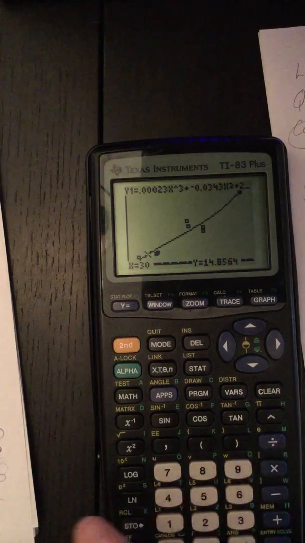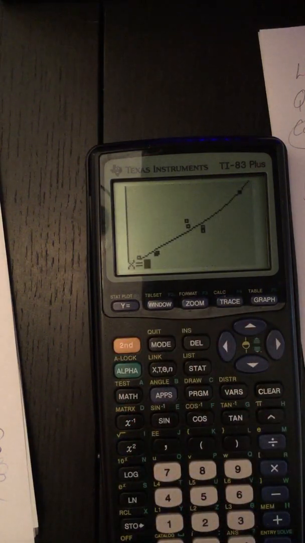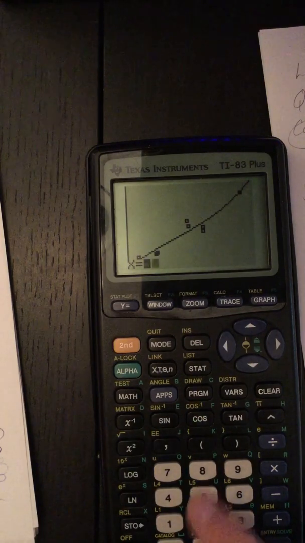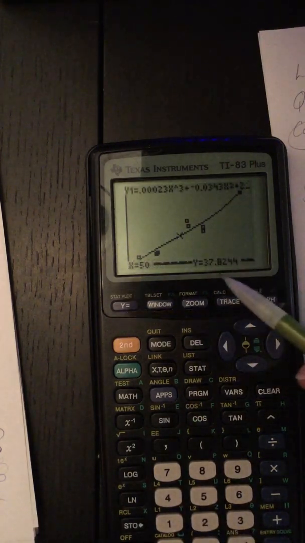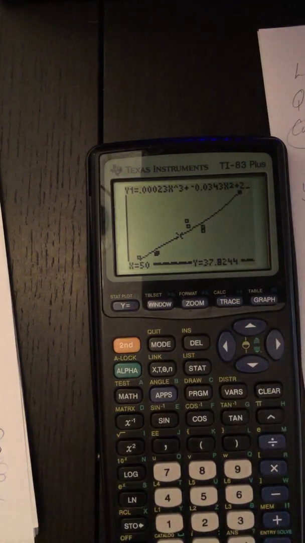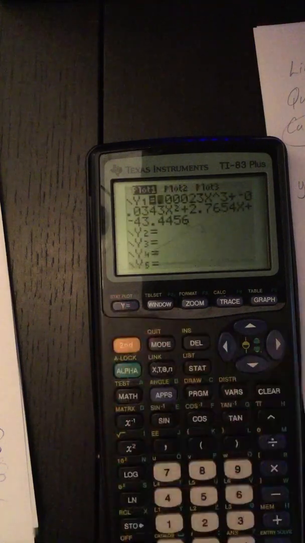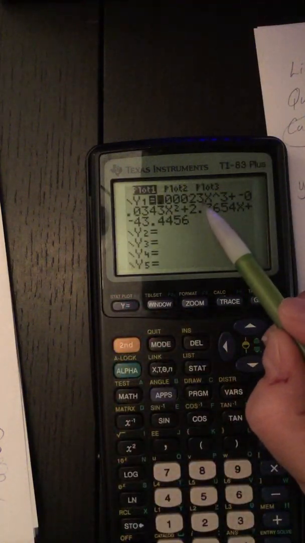Okay. And then we can find out the other one. So second function trace value, and we'll put in the 50. And we get y is equal to 37.82 meters, because we're looking at stopping distance. Okay. Now, I have an extra digit because I only had to do it to 4 decimal places.